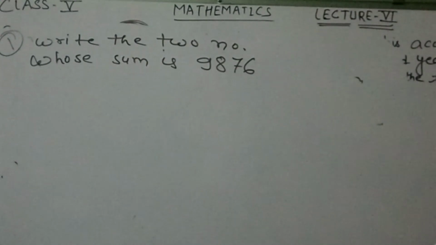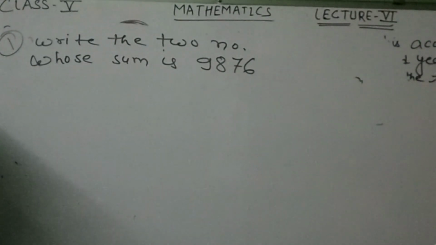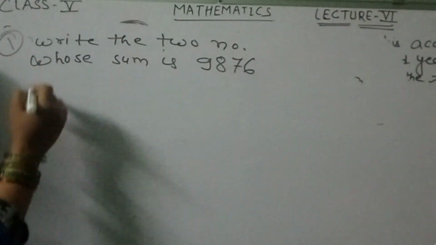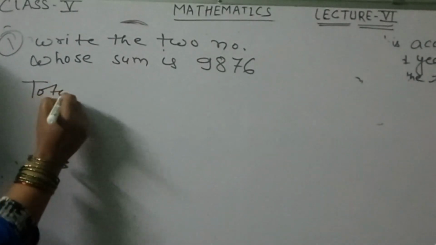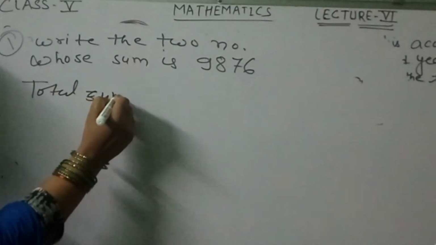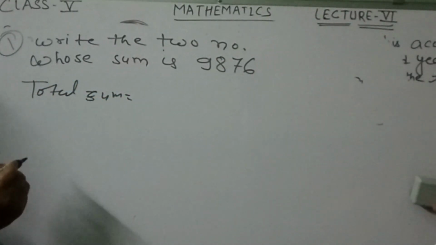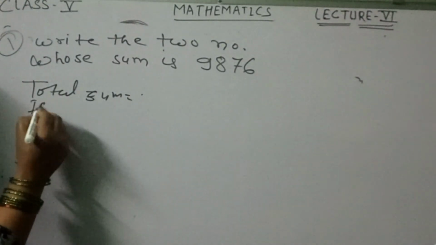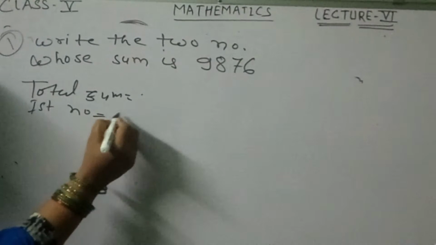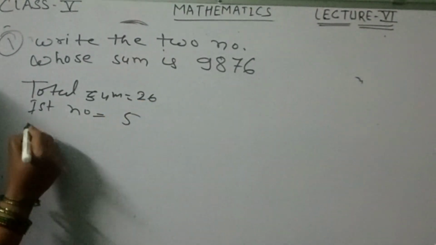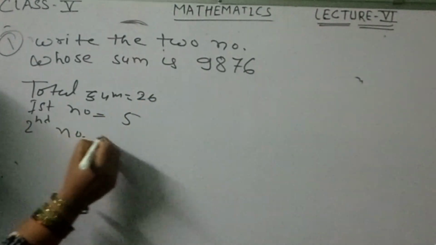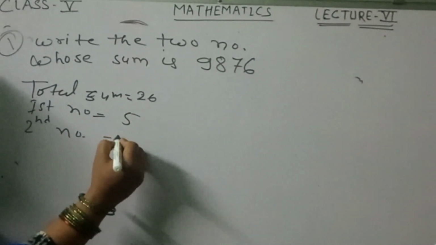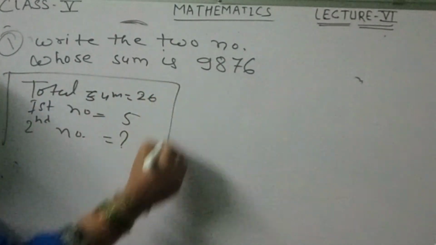Okay. Students, in previous questions, you see the total sum is given. In that question, total sum is given. And the first number is also given. There, 20 and 5. You have to find the second number.